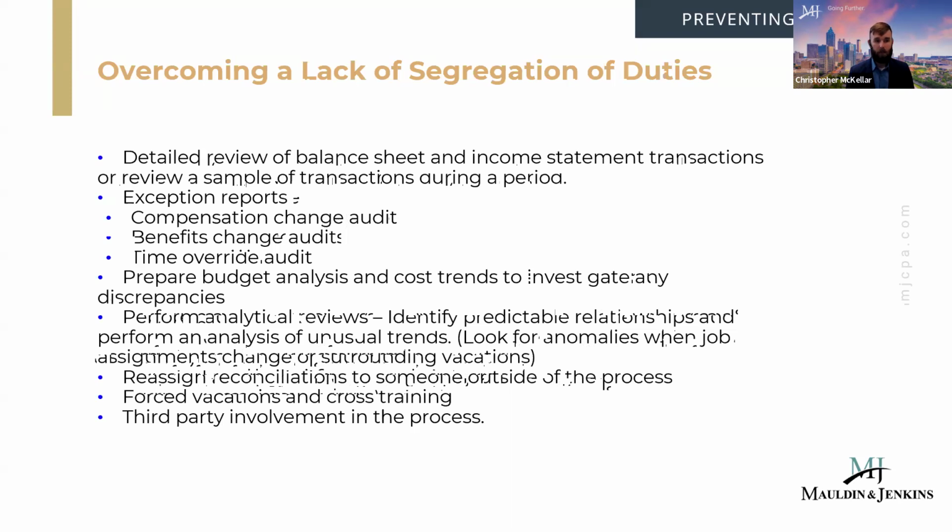Performing analytical reviews, identifying predictable relationships, and performing this analysis for any unusual trends. You may want to look for anomalies when job assignments change or surrounding vacations, if you have mandatory vacations throughout the year. Looking for unusual trends around that time period is a way to focus in on certain areas.